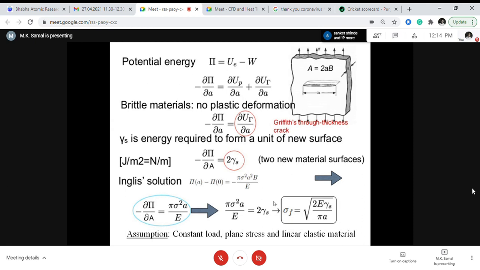Now we are talking about the extension of linear elastic fracture mechanics criteria for small scale yielding, where the radius of the plastic zone is very small, around 2% of the dimension, whichever is smaller. The dimension is either crack length, thickness, or remaining ligament.